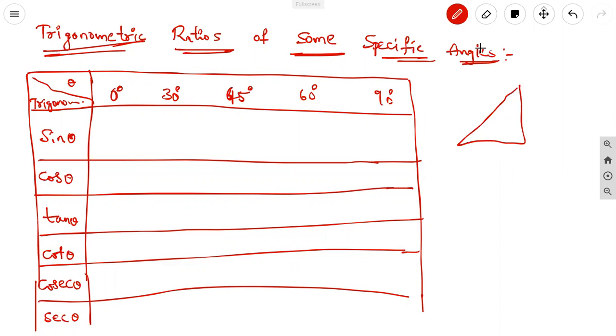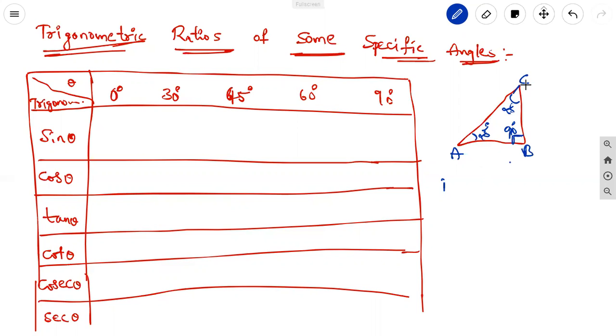Suppose A, B, C is the right angle triangle. In this, one angle is 90 degrees. We can take the isosceles right angle triangle. Isosceles means if one angle is 90 degrees, the other two are 45 degrees and 45 degrees.